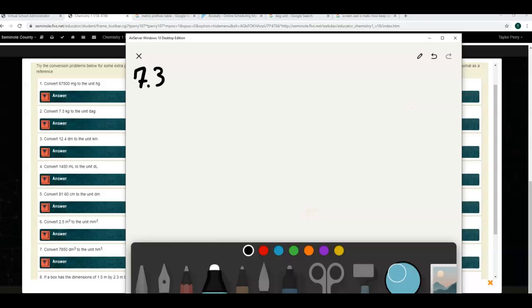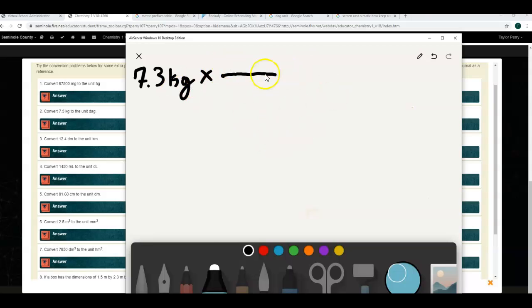We need to convert them into decagrams. Well, here's the thing. For decagrams, the first thing I need to do is convert this into grams. So I know I'm going to have to do some conversion, and I know that there is going to be a conversion factor here. So I'm just going to set that up now.